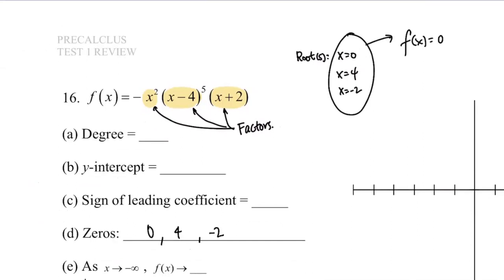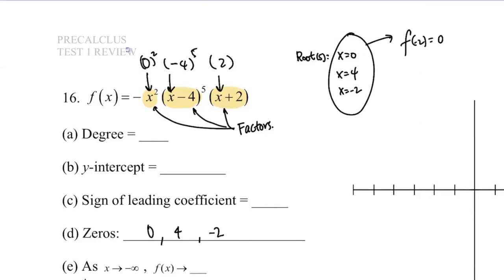Or actually, when you plug in all these numbers, f of 0 would be 0, f of 4 would be 0, f of -2 would also be 0. Well, how? Think about this. If x is 0, this will be 0, this will be -4, and this will be +2. And we have to the fifth power here. 0 squared is just 0. So you multiply everything together, you get 0.